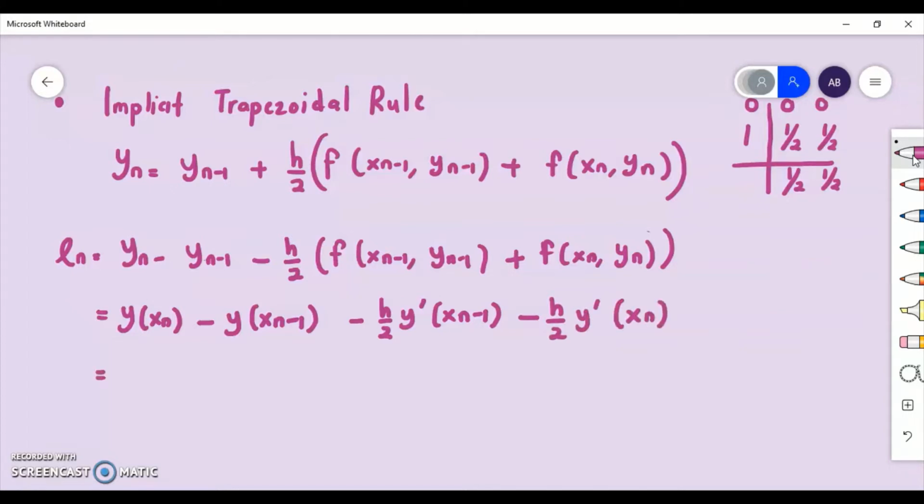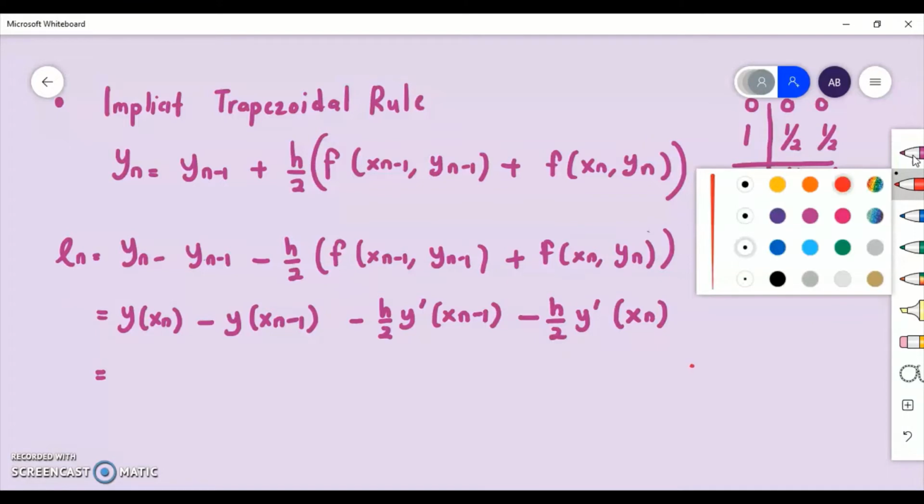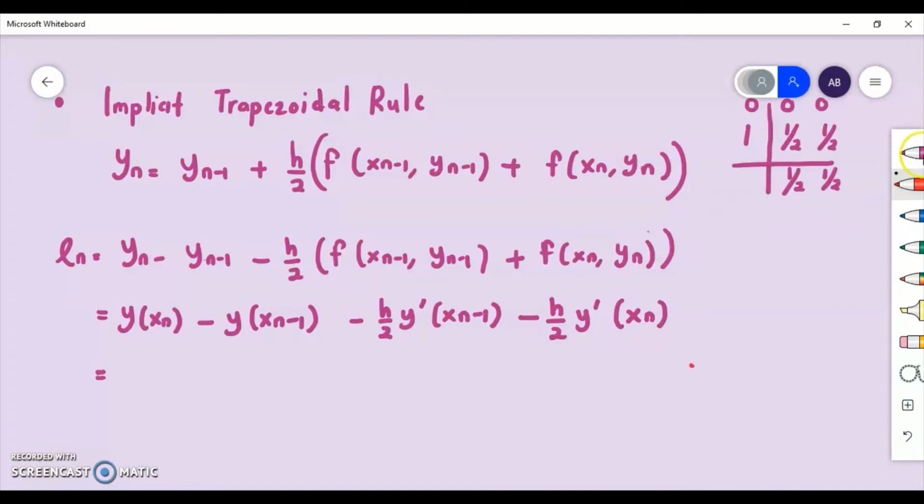Now the tricky part here, we want to expand some of these terms in terms of Taylor series. Students will always get confused on which term to expand. The trick here is we want to cancel out as many terms as possible and be left with just one term containing the power of h.